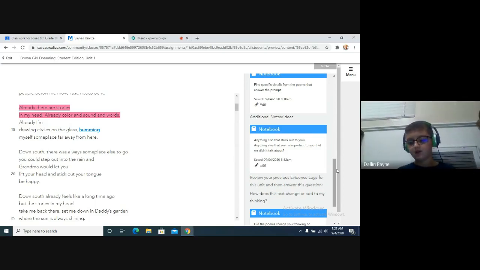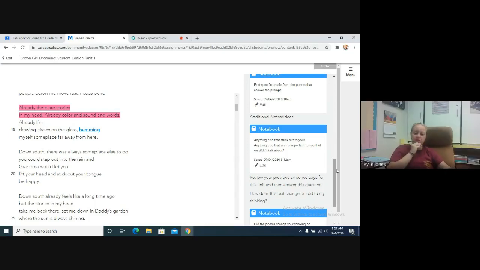Is it still saved if I accidentally clicked it out? It should. I don't know why it wouldn't. It might not have saved the last one that you were typing in. Yeah, I didn't type in it yet. Yeah, the other one should be, hopefully.